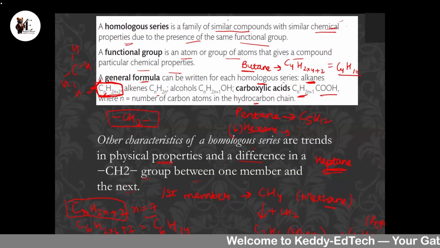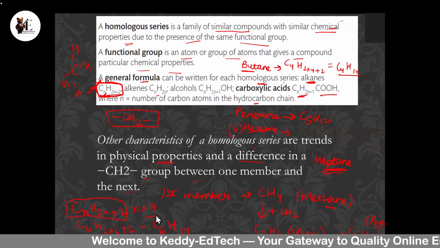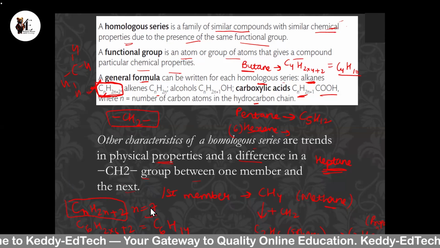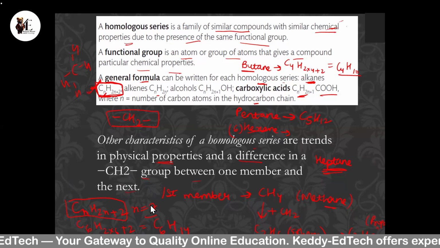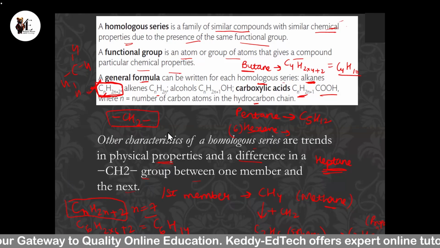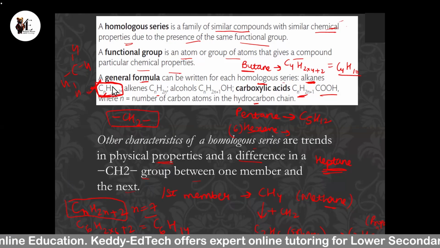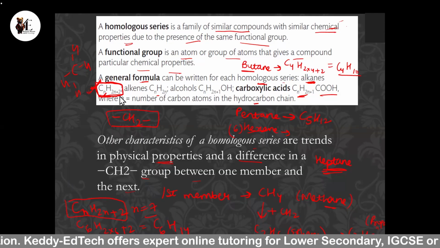No, it is not C6H16. I am saying put n is equal to 7. Then why C6? Put n is equal to 7 in heptane. C7H2 into 7 plus 2.